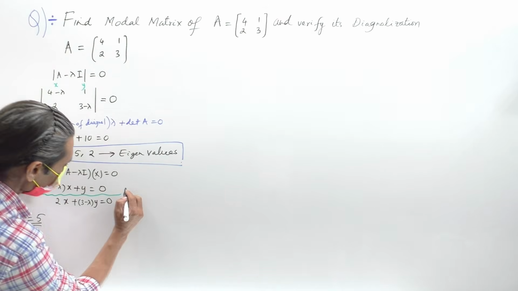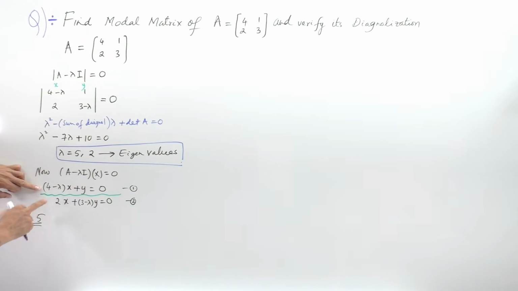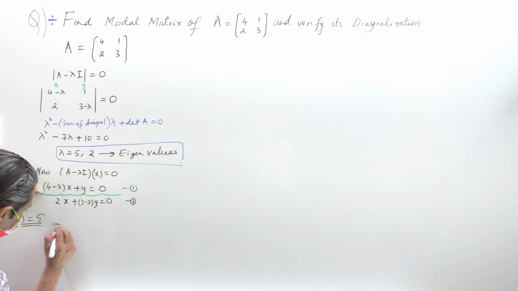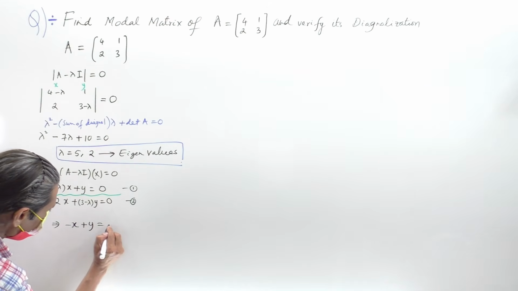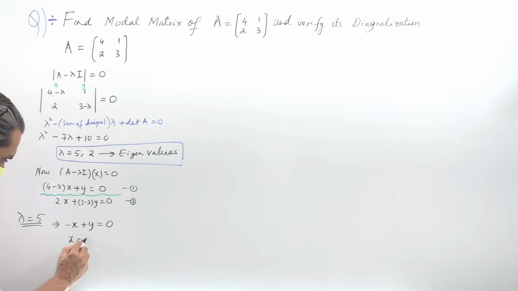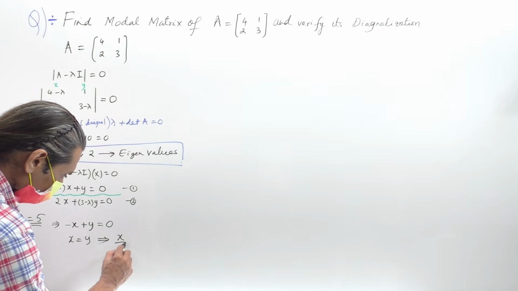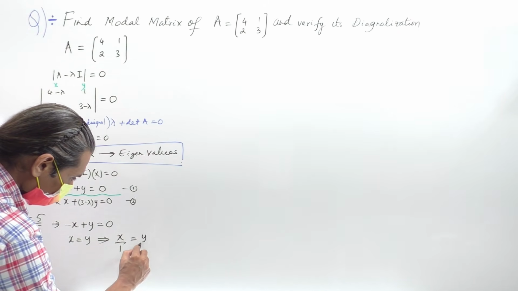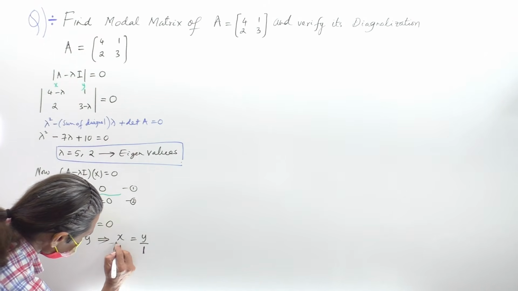So in place of lambda, put 5, 4 minus 5 is minus 1, so minus x plus y equals to 0, or x equals to y. That implies, whatever comes below the ratio is the eigenvector. So I can rewrite this as x by 1 equals to y by 1. That means x is equal to y.